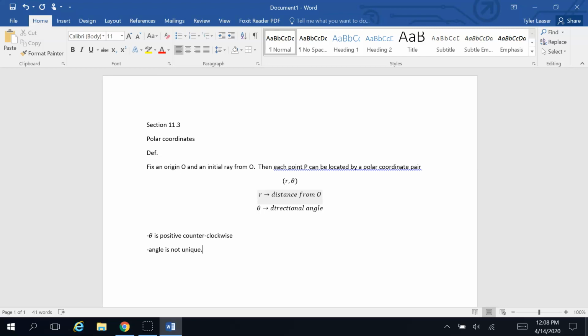So that's kind of a problem with polar coordinates. I don't know if problem is the right word here, but that is why rectangular coordinates, the ones that we always use, x's and y's, are the most often used. It's because it's a one-to-one relationship. Every single point corresponds to only one ordered pair, and every ordered pair only corresponds to one point. We do not have that with polar coordinates.